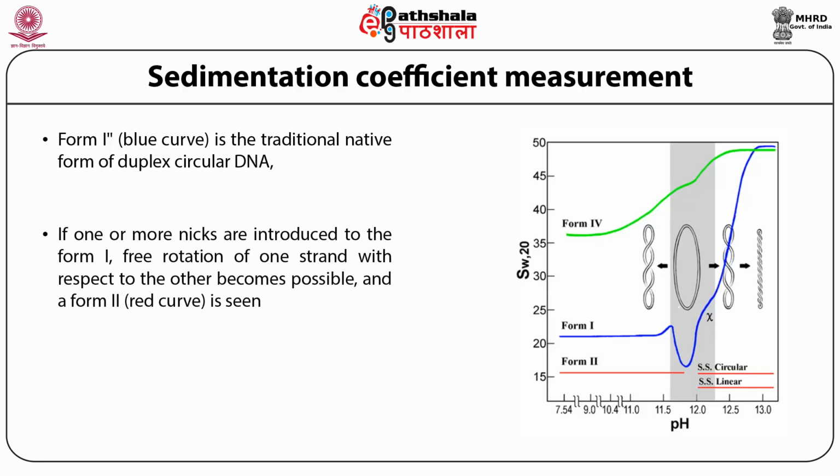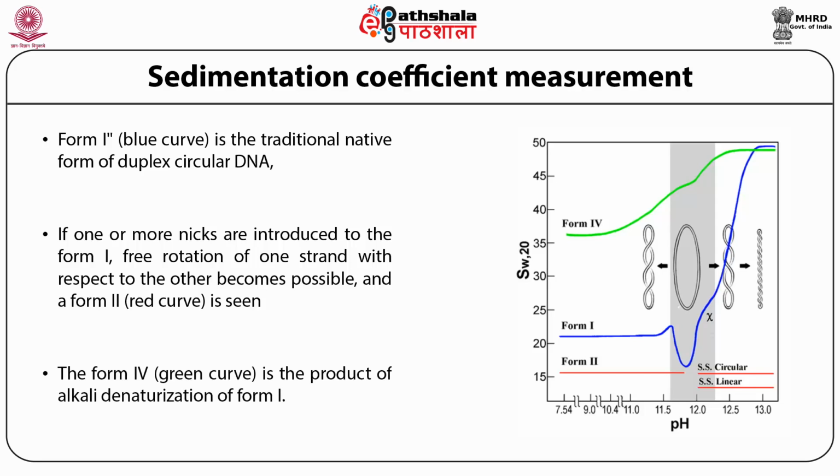If one or more nicks are introduced into the DNA, then there is free rotation of one strand with respect to the other, and it forms form 2, which shows the sedimentation coefficient variation given in the red color.